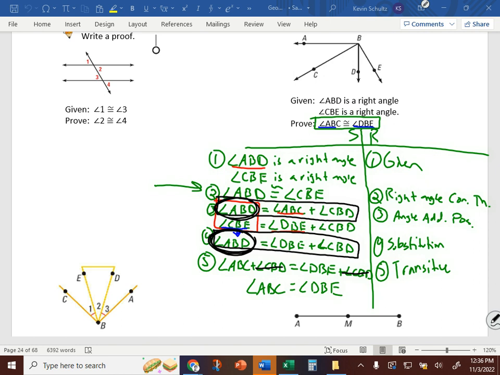Right? So because of the subtraction property, allows us to get rid of CBD, and we now have ABC and DBE on opposite sides of the equal sign, which is what we wanted. Okay?